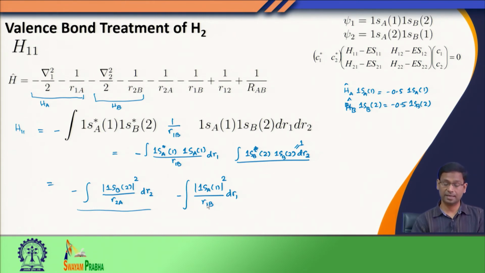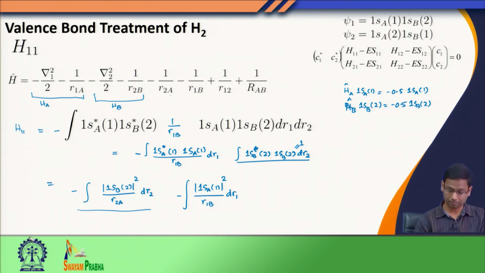This term indicates the electron density distribution corresponding to electron number 1 and its interaction with nucleus B. The earlier term, with 1 over r_2a, described the interaction between the electron density of electron number 2 and nucleus A, and this term describes the electron density distribution of electron 1 and its interaction with nucleus B.